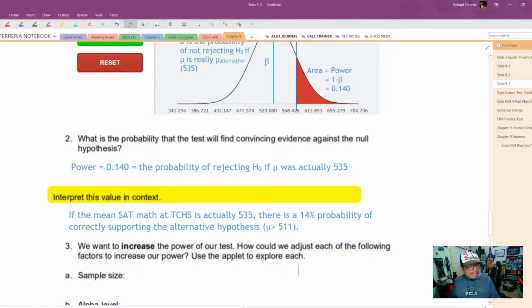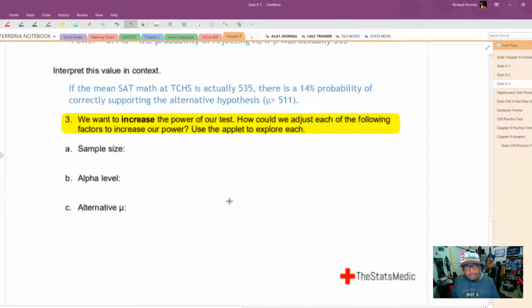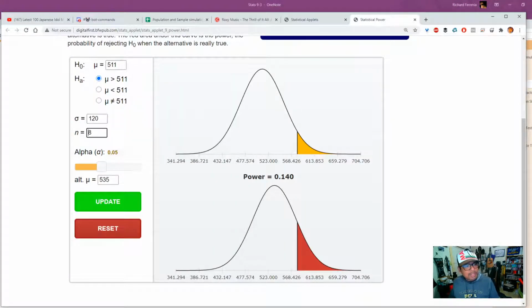So let's move on here to our question 3. We want to increase the power of the test. How could we adjust each of the following factors to increase our power? We're going to use the applet to explore each one of these. So let's start with sample size. What happens if I increase sample size?